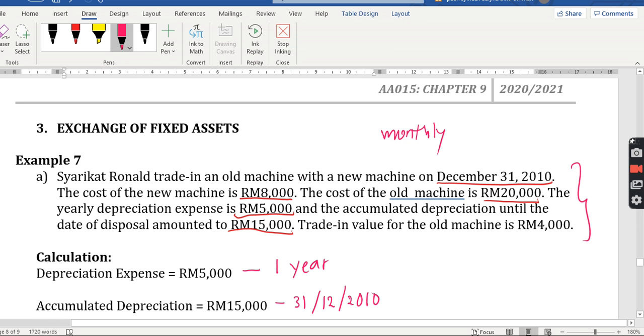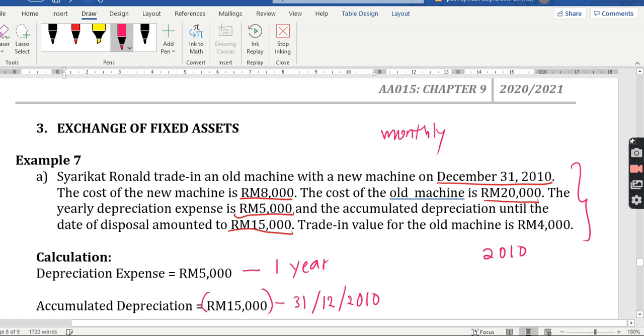So when it is monthly basis, that means in the year of the disposal, you still need to declare the depreciation expense. Mesti kira juga, sebab ini ialah monthly basis. So walaupun dia dah bagi tahu the accumulated depreciation is 15,000, awak kena faham for the year 2010 depreciation expense belum declare.